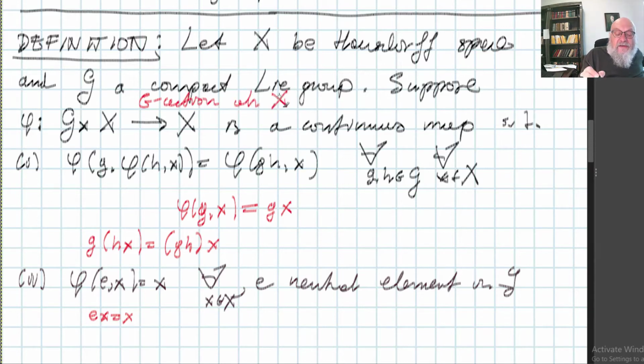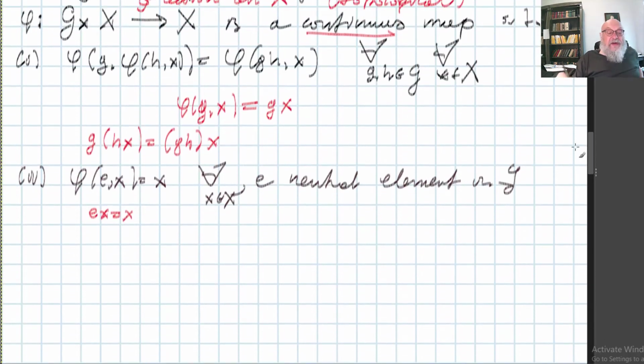on X, and this is a topological action in our case because we have continuity. So, a topological action of the group G on X, where X is a topological space.